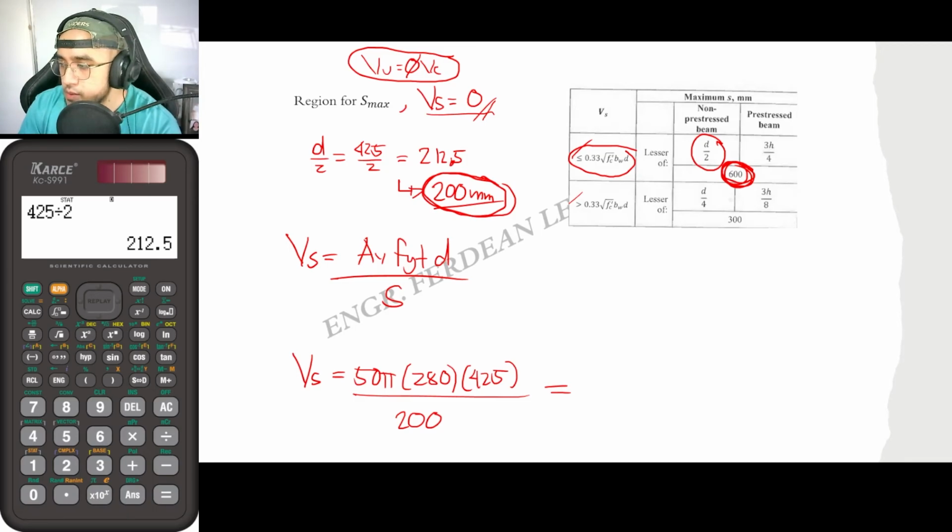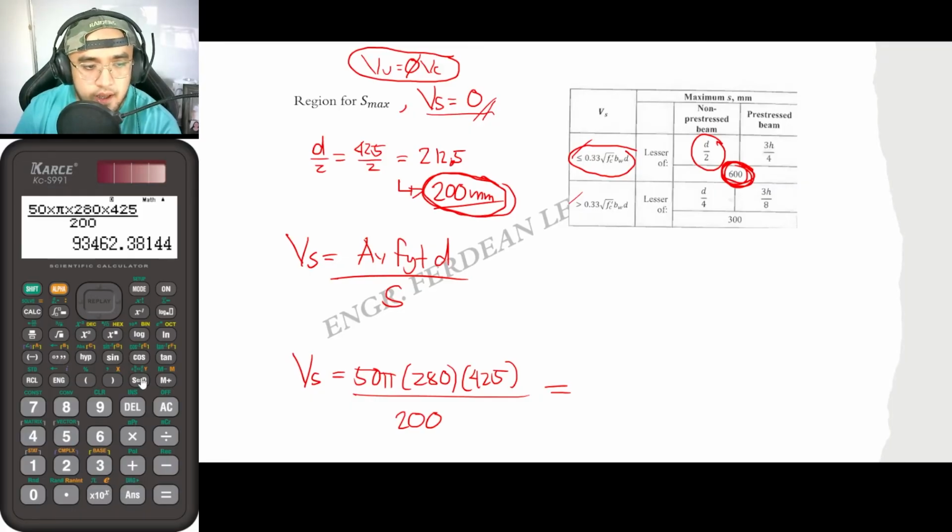Looking at the calculator, 50 times pi times 280 times 425 divided by 200.